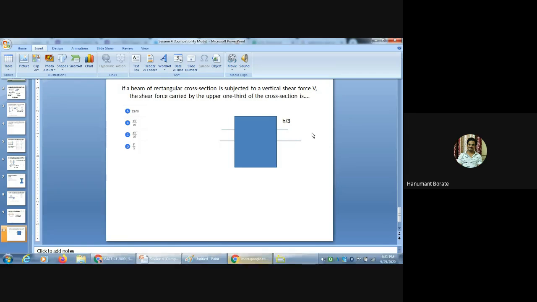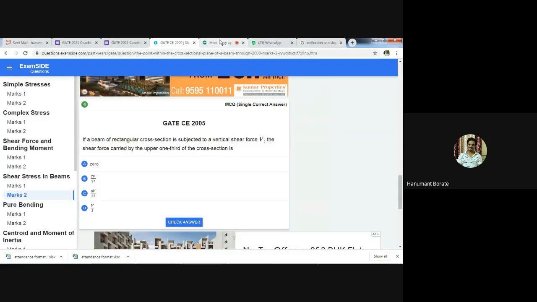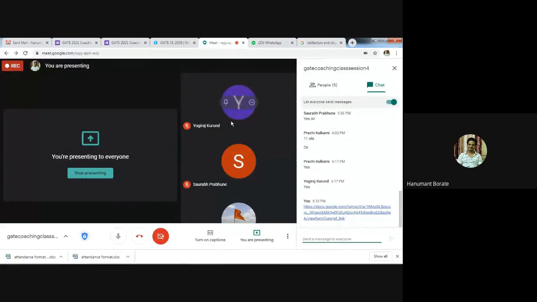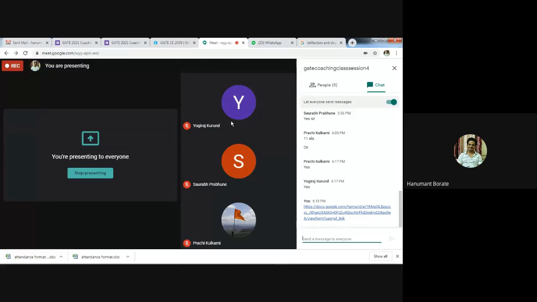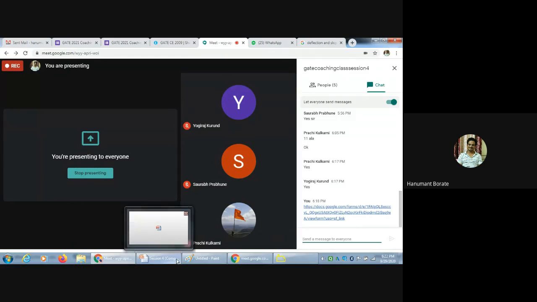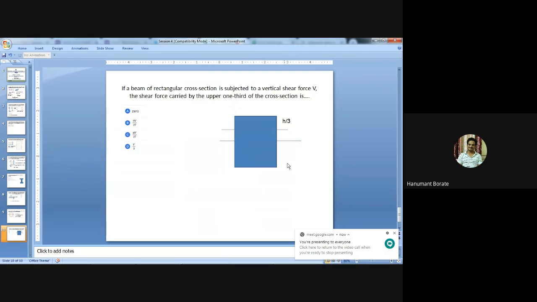Okay, we'll see the H by 3, tau equal to S A y bar divided by I B. But here beam dimensions are not given. So how can we calculate? Yes, anybody having an idea about this, how we can solve? Yogiraj, how can we solve? Now here width is not given, height is also not given.